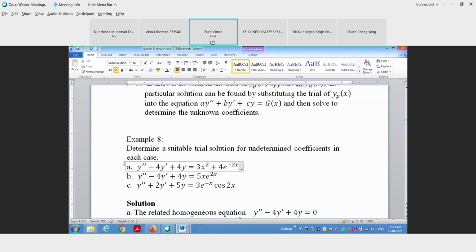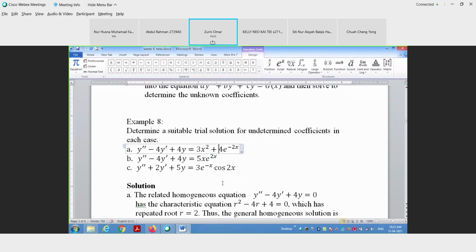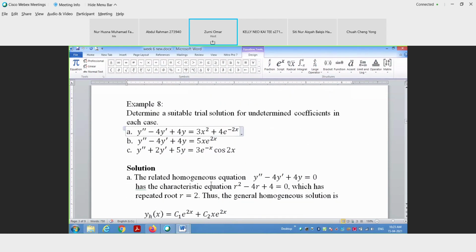So when you refer to g(x), it is a combination of polynomial and also exponent.